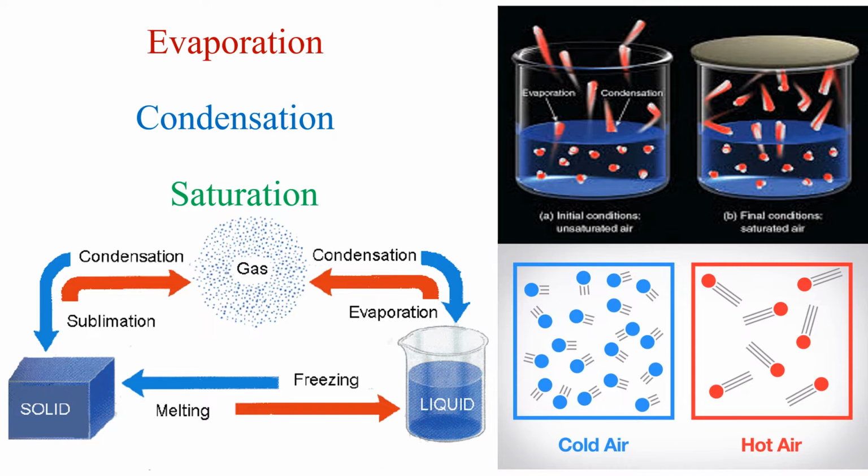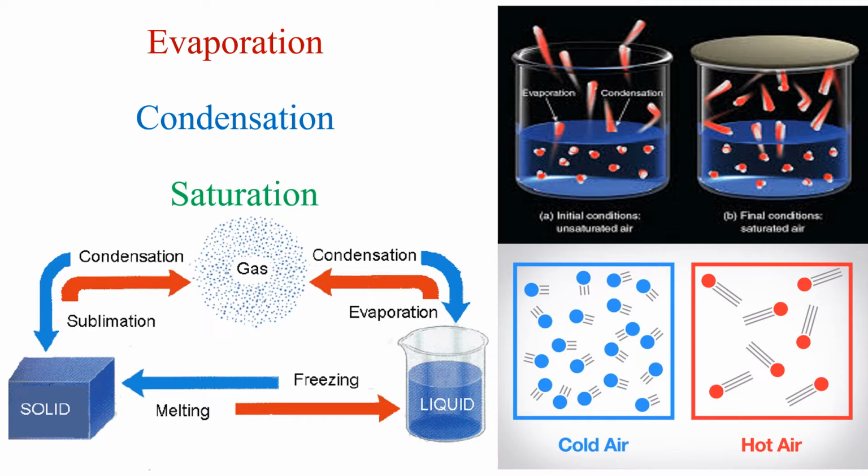While some water molecules are leaving the liquid, others are returning, and these returning molecules are condensing, as they are changing from a vapor state to a liquid state. So those are evaporation and condensation.